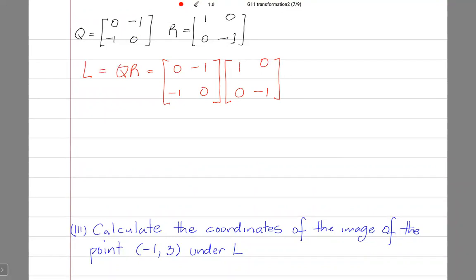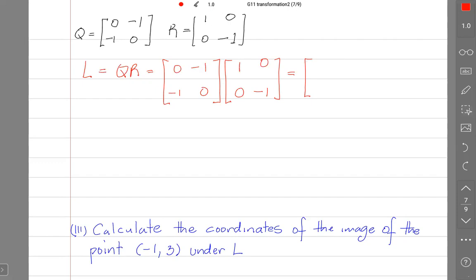When we multiply two matrices, we multiply the rows of the first matrix by the columns in the second matrix. So I'm going to multiply the first element in the row, which is 0, by the first element in the column, which is 1.